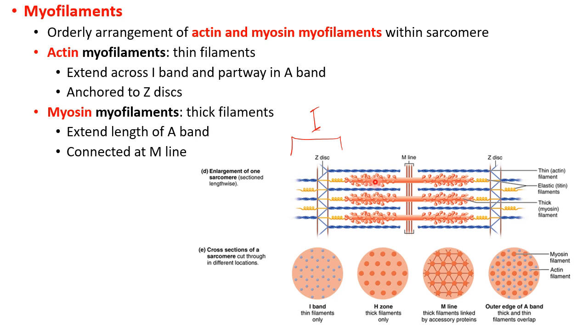And then when you look here at your myosin filaments, this is where you see the thick ones, and you see a lot of the heads of the myosin filaments right there. Another important thing with your myosin filaments is that they are connected to each other back to back at this M line. And what is the line that's connecting the thin filaments? The Z line or the Z disc, right?